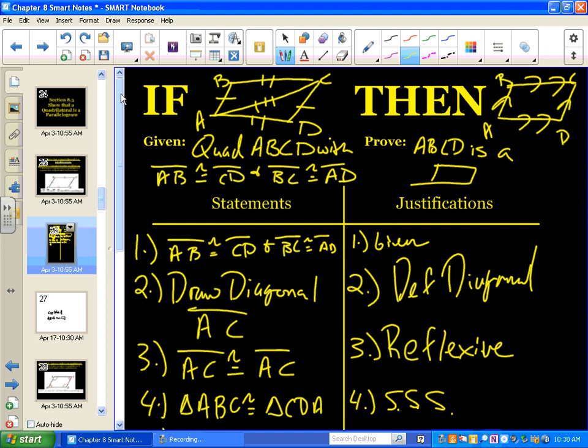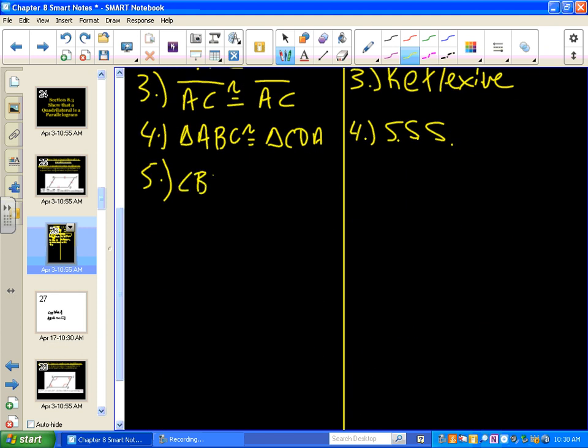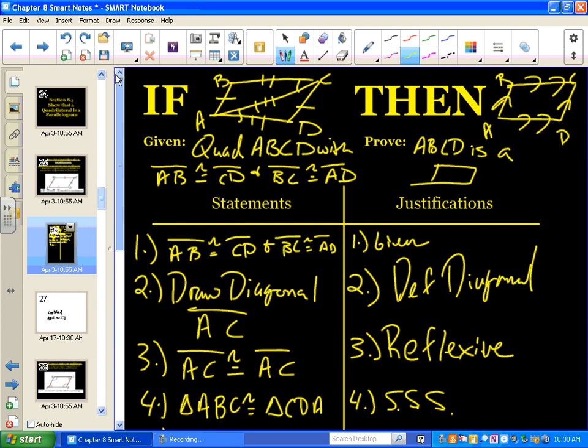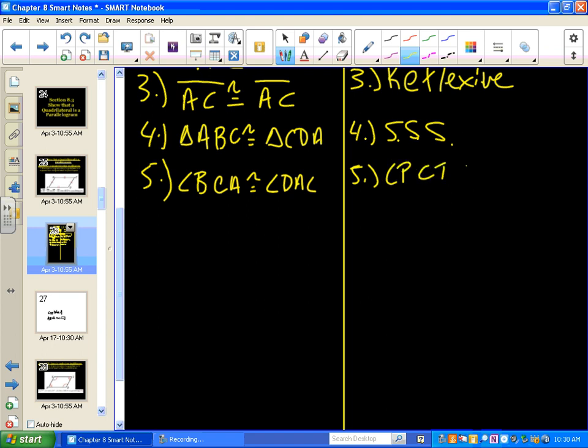If these two triangles are congruent, what are these two angles going to be? Justification. CP what? CPCTC. So we know that angle BCA is now congruent to angle DAC, CPCTC.